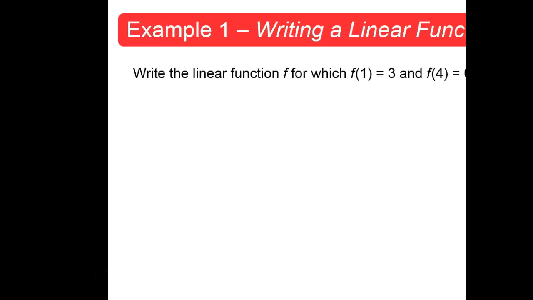Let's do example 1. Write the linear function f for which f of 1 is equal to 3 and f of 4 is equal to 0. What is that linear function going to look like?